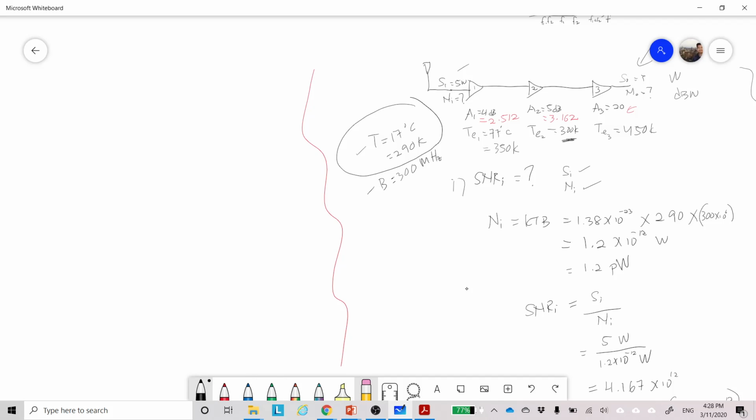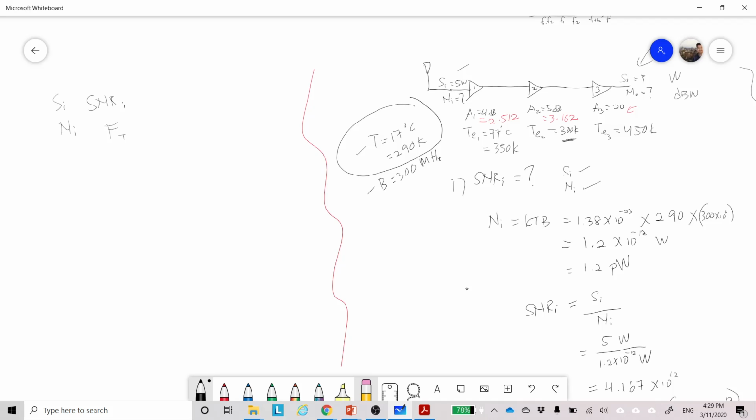Okay. Tadi kamu lihat kita dah peroleh SI, kita dah peroleh NI, kita dah dapat parameter SNRI. Okey. Kita dah dapat total F.